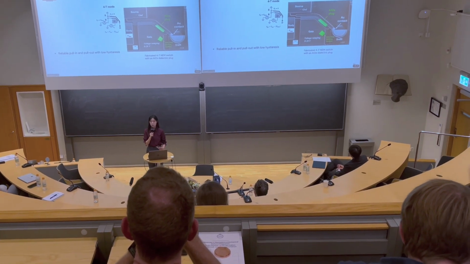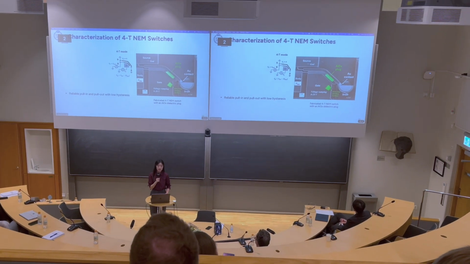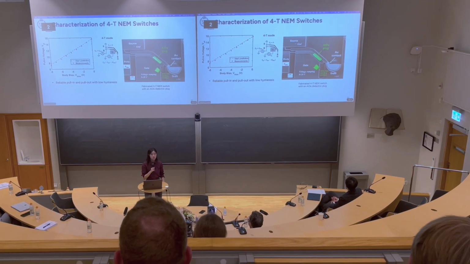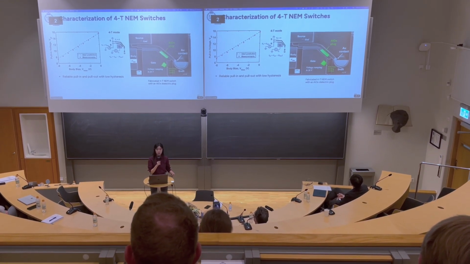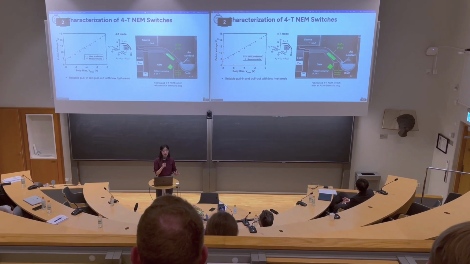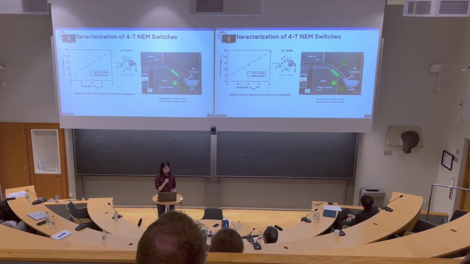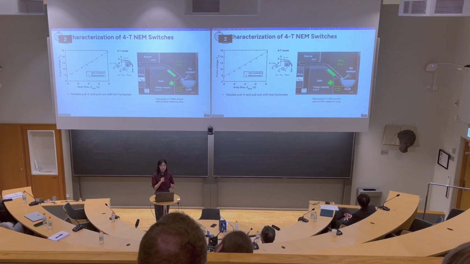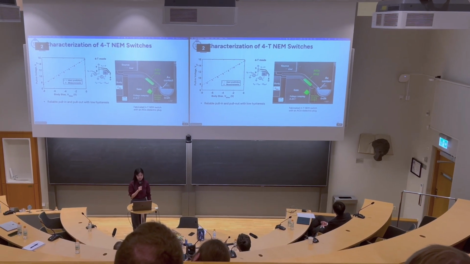If we want it to work as a real 4T switch, then we put the bias voltage on the body terminal. In this way, you can observe a significant reduction in the pull-in voltage from 15.8 volts to 7.8 volts when applying a bias voltage from 0 to minus 8 volts. And this result is consistent with the ideal prediction of the relationship between the pull-in voltage and the body bias.